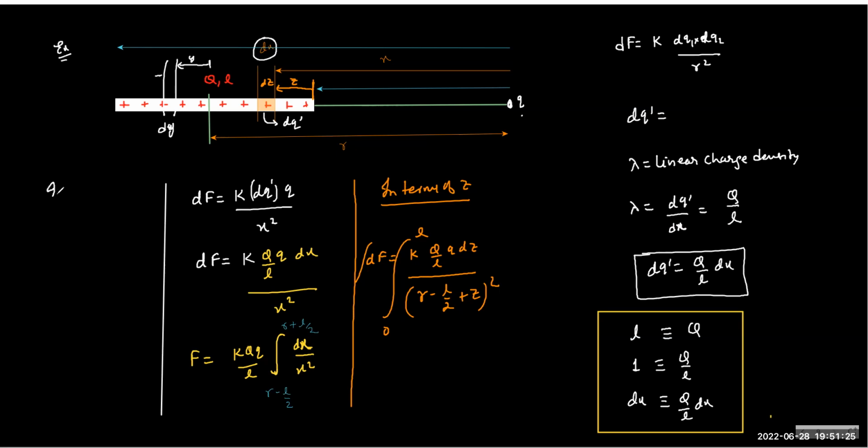So in terms of y, first of all, how to cover the entire rod? I'm taking y positive on the left side, the right will then be negative.